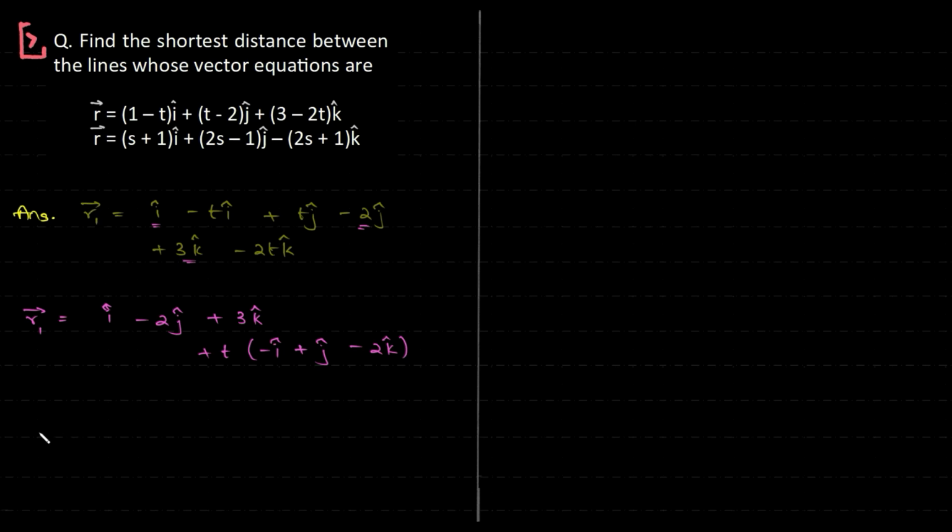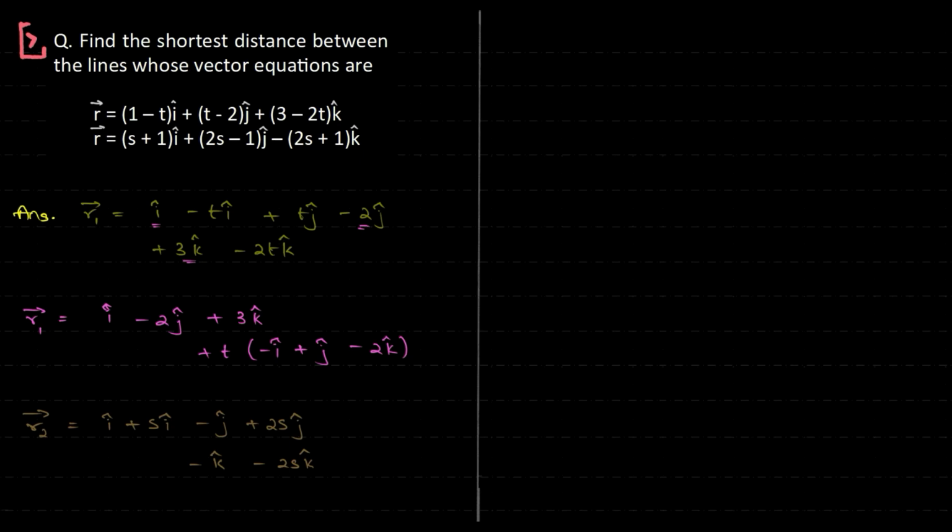You can do the same thing with R2 also. So R2 is equal to i cap plus s i cap, I'm already arranging in a particular order, minus j cap plus 2s j cap, minus k cap minus 2s k cap.